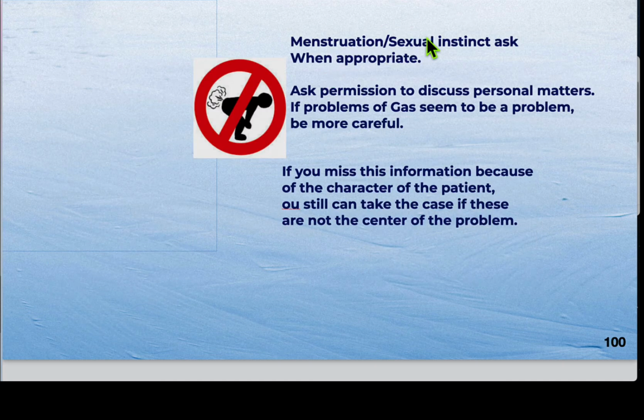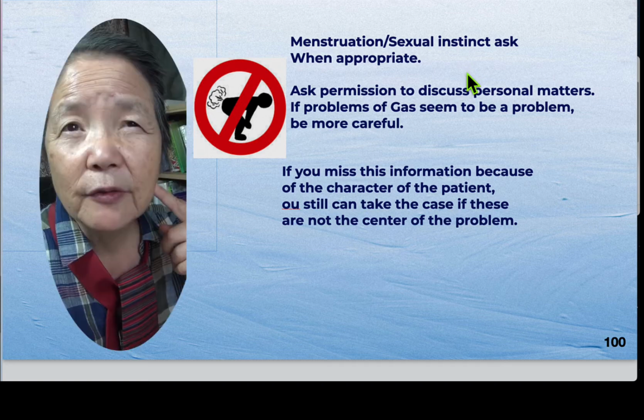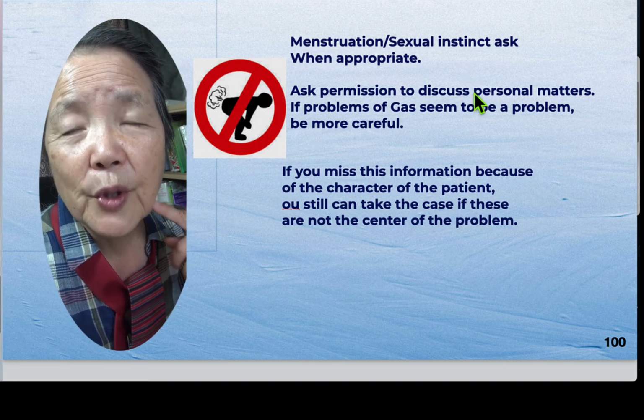If you are asking people about sexual instinct, you first should ask for permission to ask about this kind of subject. And you can kind of tell who's going to have problems.